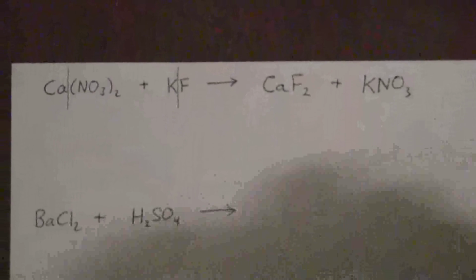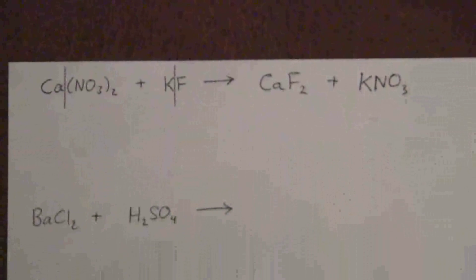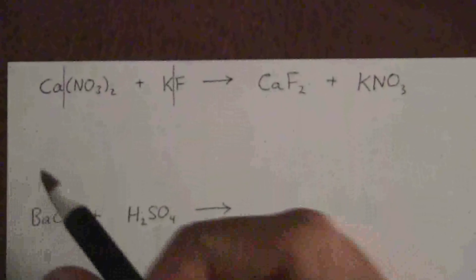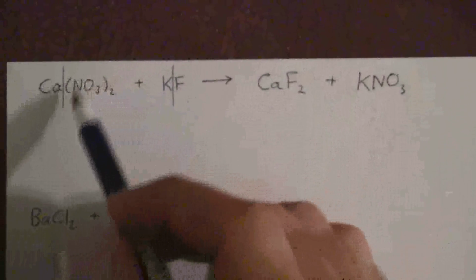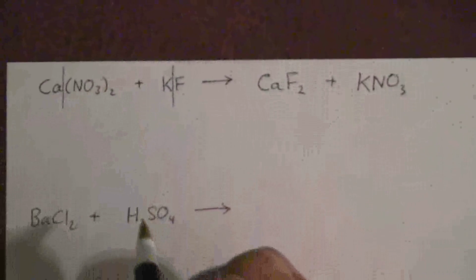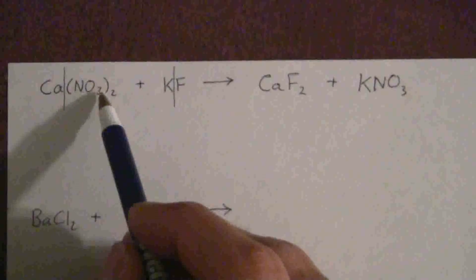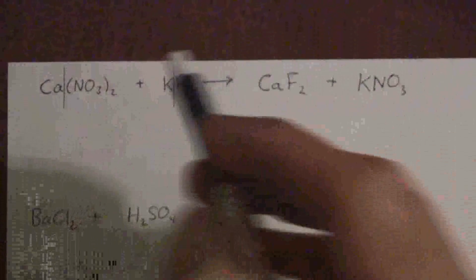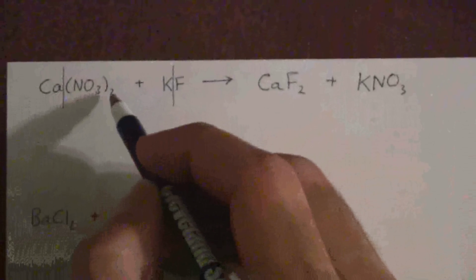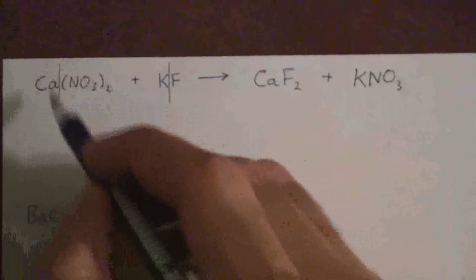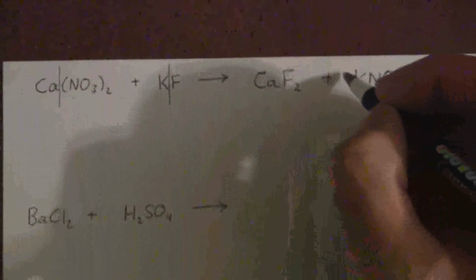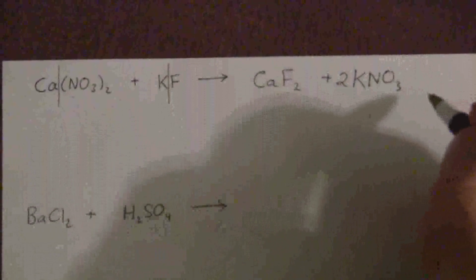Now we're going to balance this equation. Okay. So we can balance this by the ion. We don't have to balance each individual element. Since NO3 is the same there as it is over here, I can just look at this and say, okay, I have 2 nitrate ions, so I'll have 2 nitrate ions here.